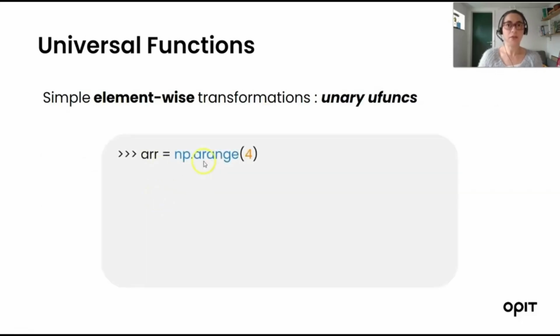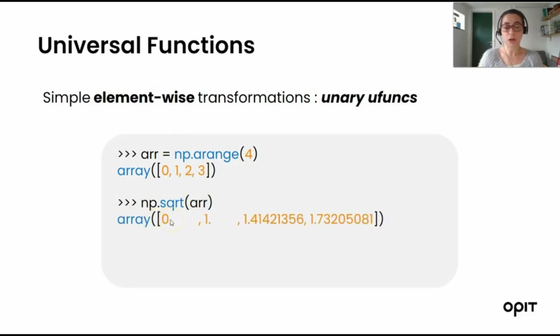Let's assume that we have this very simple one-dimensional array of length 5. It has the values 0, 1, 2, 3, 4 inside. And let's assume that first we want to get the square root of each element in this array. For that, we can just simply call the universal function sqrt of NumPy with the array we want as an argument. And that will give us another array of the same shape as the initial array, where each element is the square root of the element of the initial array.